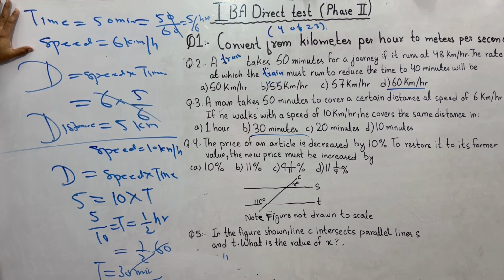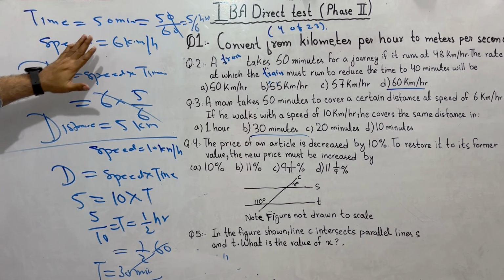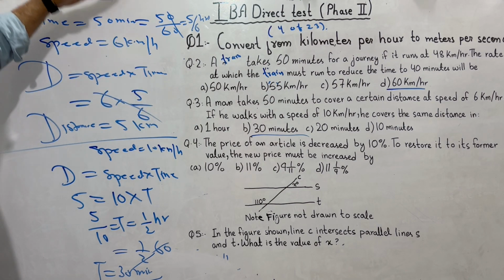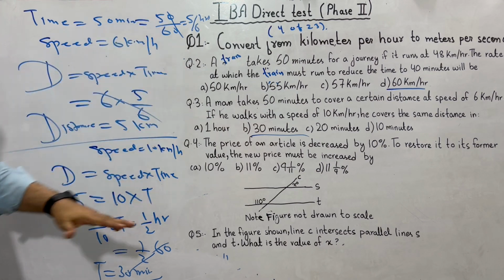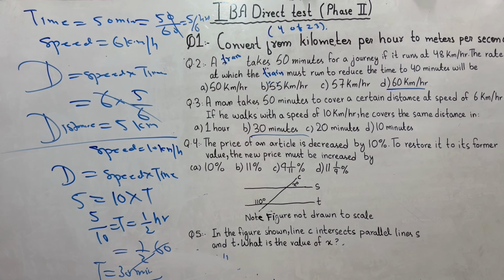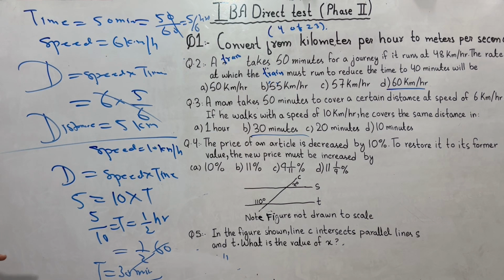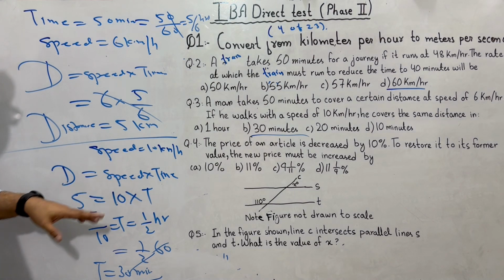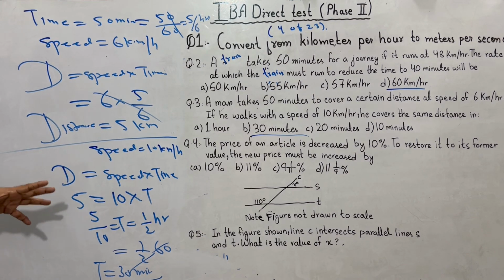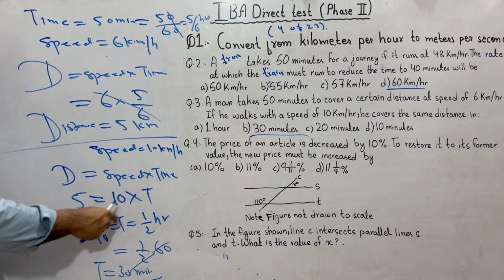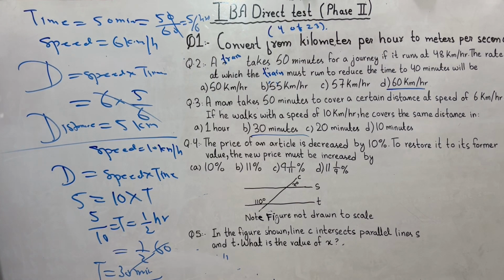First we have time and speed, so we managed the distance. Units must be parallel, so I converted minutes into hours by dividing by 60. Second, the speed of the man is 10 kilometers per hour, and he has to cover the same 5 kilometers. Distance is 5, speed is 10. Solving, 5 over 10 means 1 over 2. Half hour or 30 minutes is the answer.